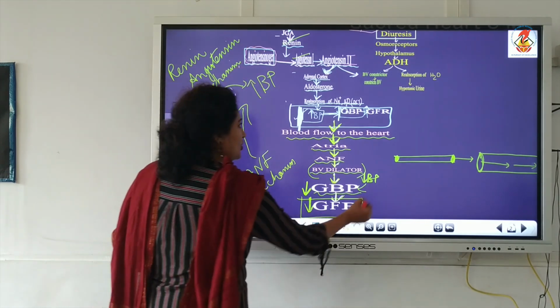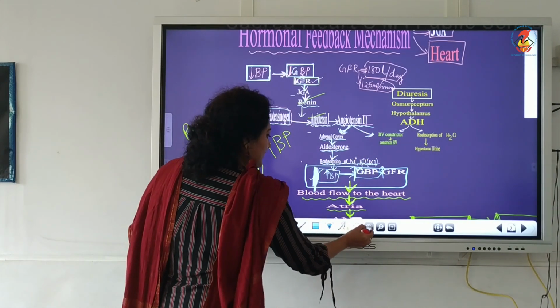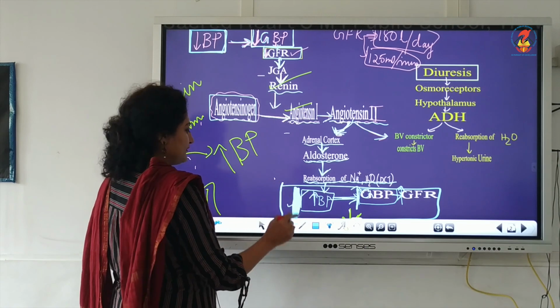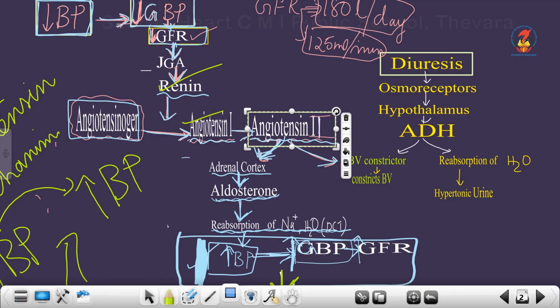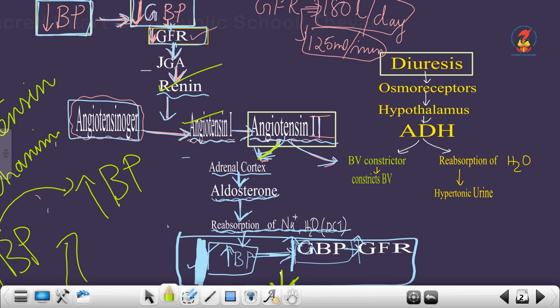Now here I stopped at angiotensin, and I am going to highlight angiotensin. It has a twofold effect. One effect, it acts on the adrenal cortex. We saw that route. The other effect, it acts as a vasoconstrictor, the opposite of a dilator.